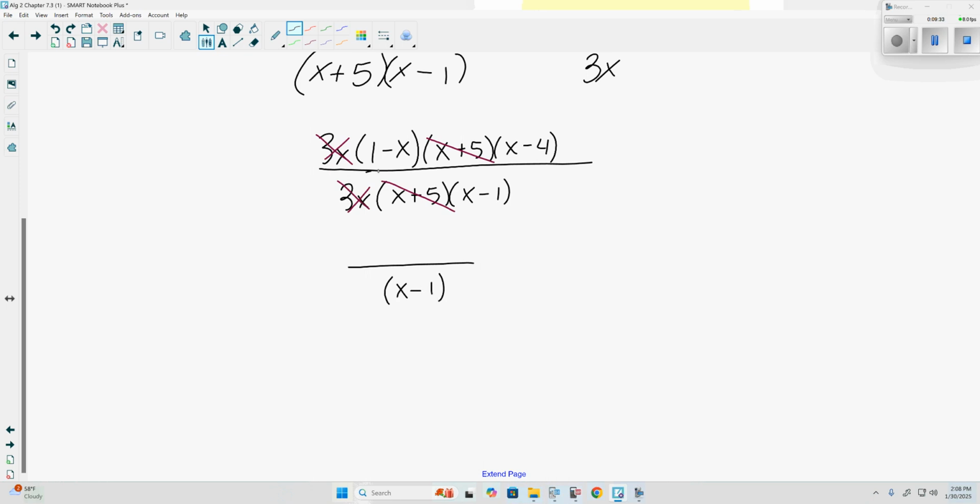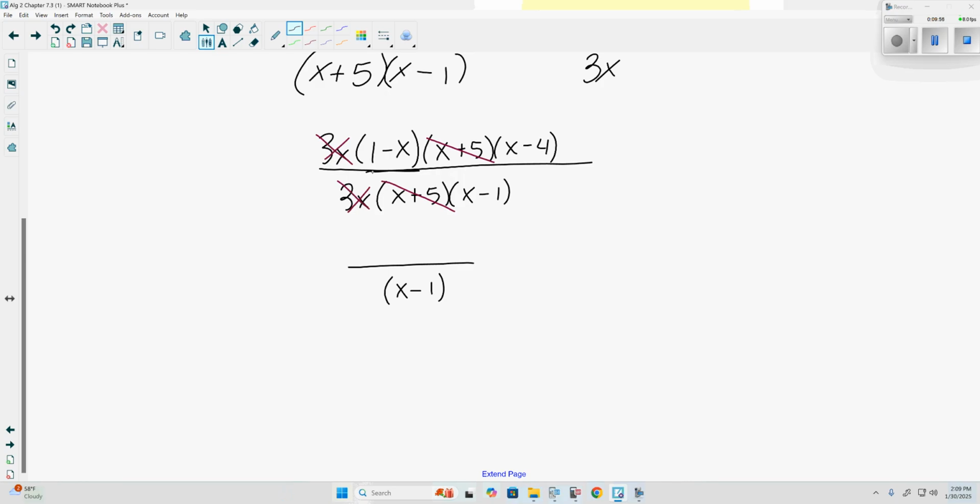Because the 1 on top is 1 minus x instead of x minus 1. They're not the exact same, but they are pretty close. However, on one, the x is negative, the other, the x is positive. On the one on top, the 1 is positive. On bottom, the 1 is negative. Every term in those two expressions, the signs are opposite, yes?